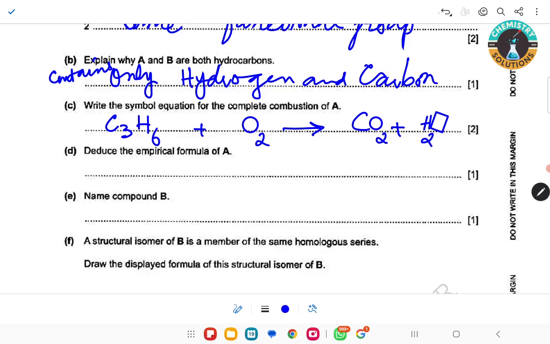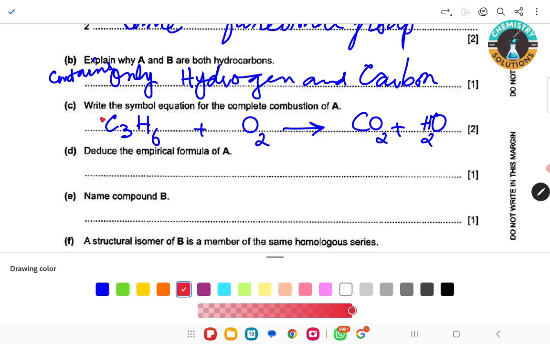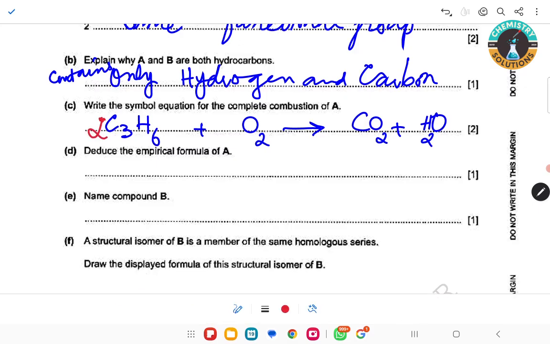If we make it 2 C3H6, 2 threes are 6, we have to balance the number of carbon atoms. Hydrogen: 2 sixes are 12. Number of carbon atoms are 6, so 6 CO2. Now calculate oxygen: 2 sixes are 12, plus 6 is 18, so 9 O2. So it's balanced.